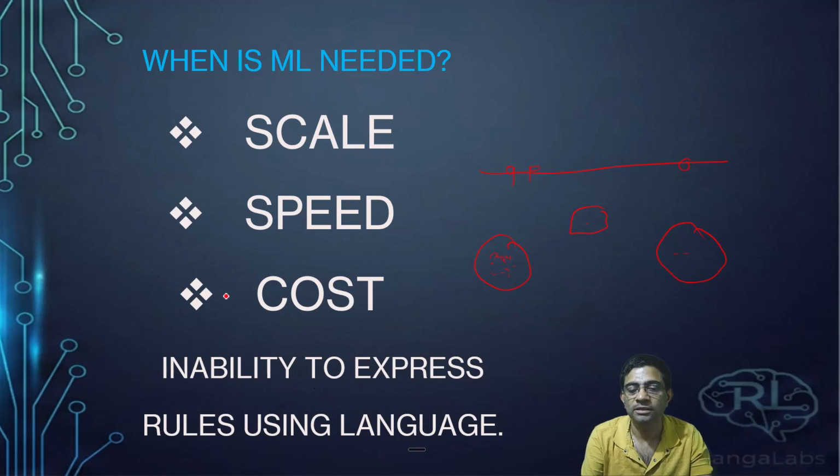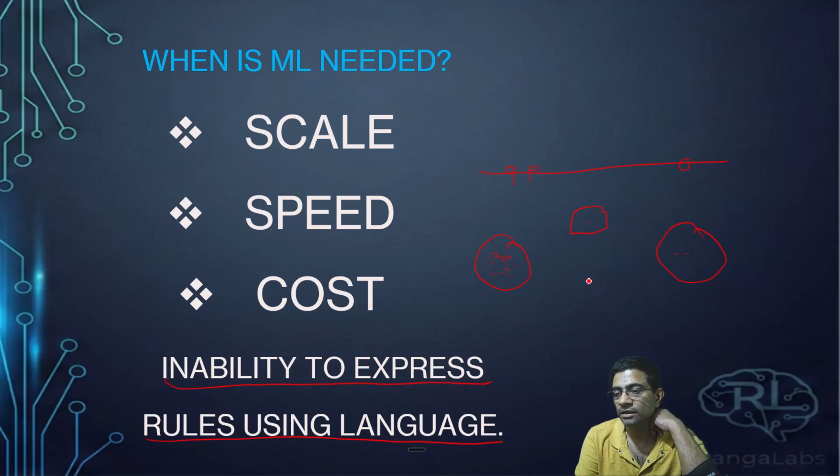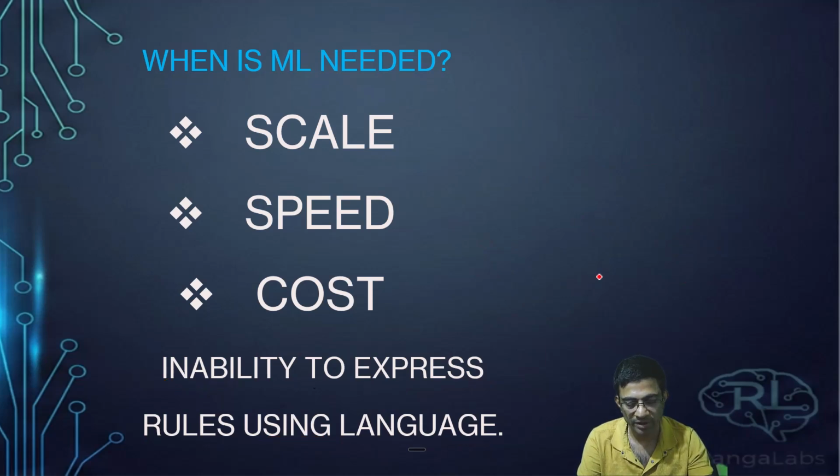Hence the no rule problem. The meaning of no rule is inability to express rules using language. If I have to express a password, which we will see in the next slide, you will be more clear. We will go to the next slide and see what we have.